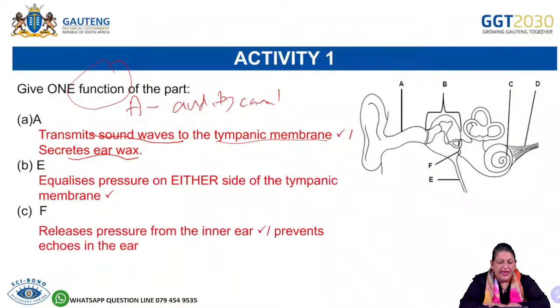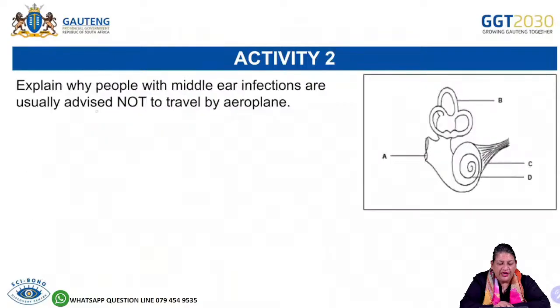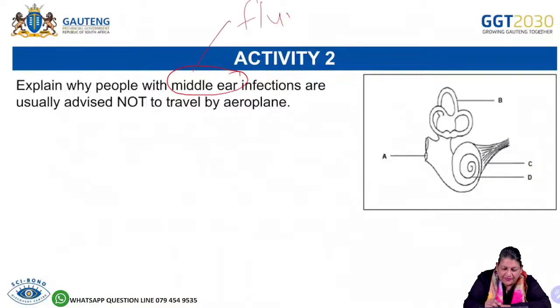Activity 2: explain why people with middle ear infections are usually advised not to travel by aeroplane. Now remember, children, if you have a middle ear infection, it means fluid is building up in the middle ear. So it's already creating pressure on the tympanic membrane.